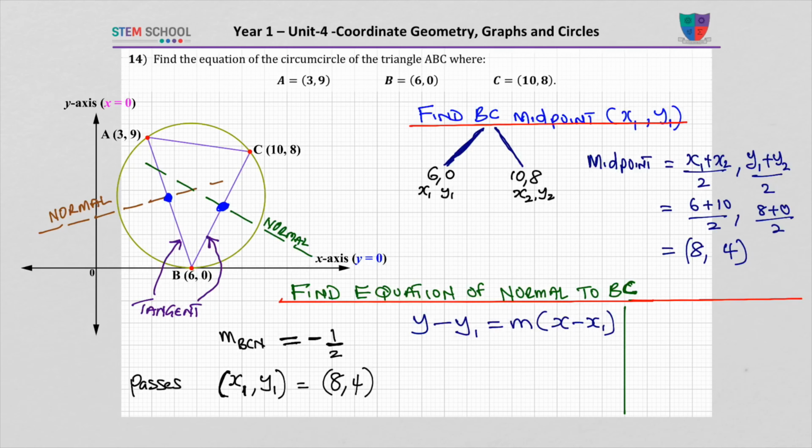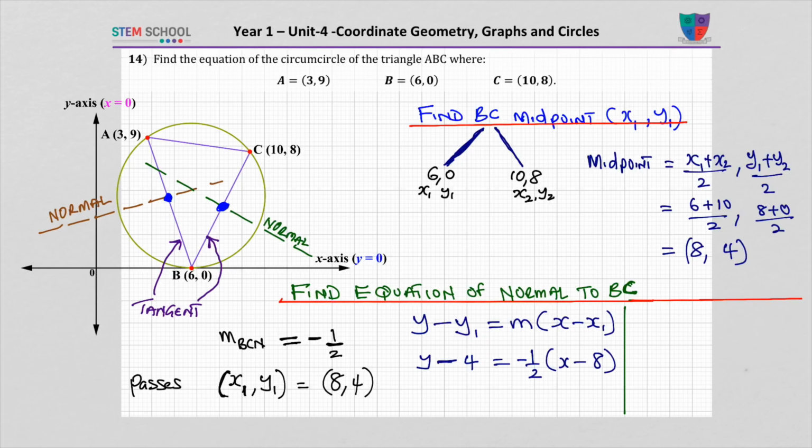So the normal passes through the midpoint, at point x1 equals 8 for that line, and y1 equals 4. And the gradient is minus a half. Therefore, I can use those two pieces of information and plug in the gradient, y1 and x1, in this important formula.